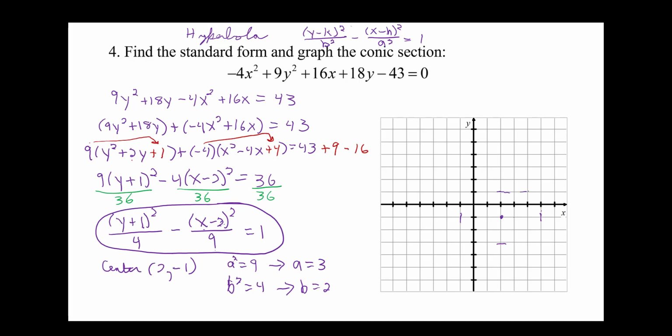And then I'm just going to use a dashed line to make a little box that includes my a distances and b distances. And I'm really interested in the corners of this box. Now from the center, I'm going to sketch some asymptotes that go through the center and through the corners of this box.